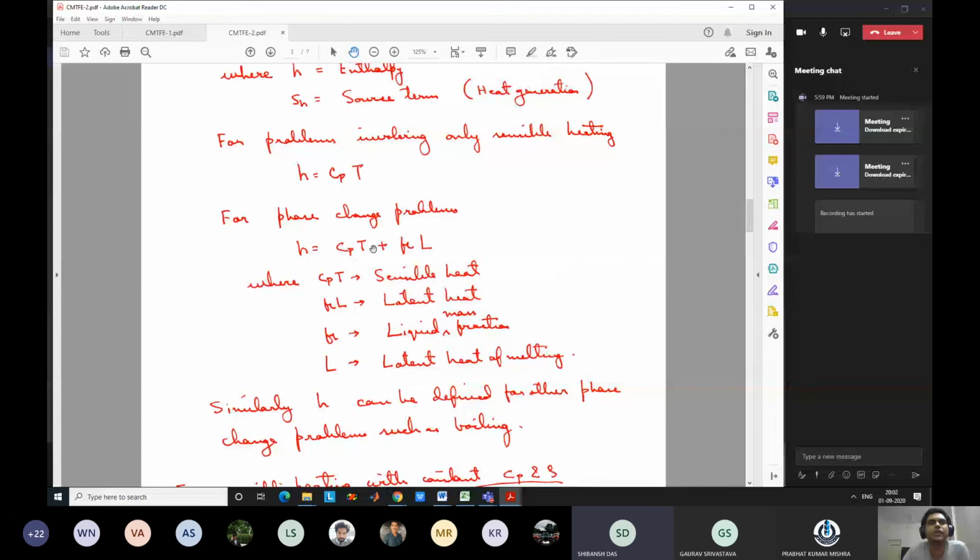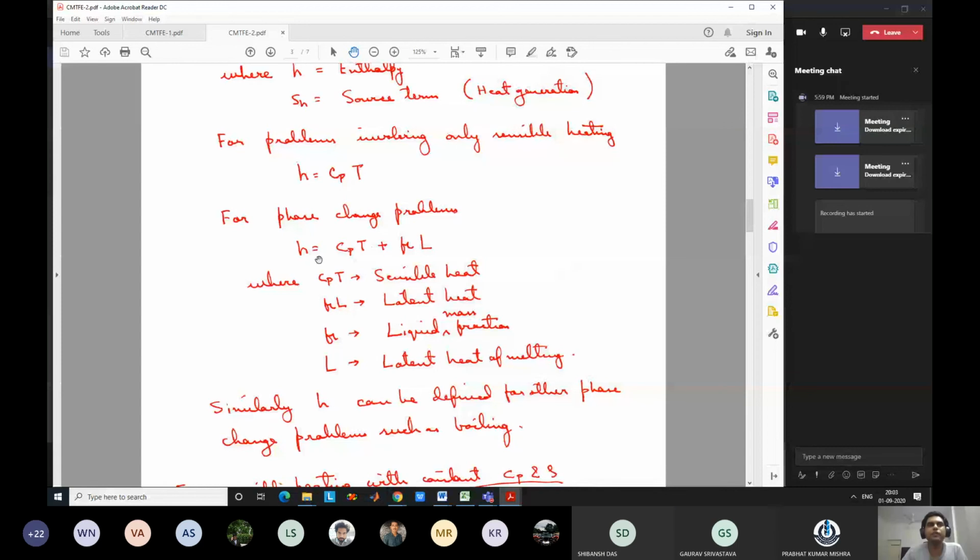Now instead of that, say you are not using absolute zero, you are writing H is equal to Cp (T minus T ref), where T reference is 100 Kelvin. I am just putting some arbitrary value. So what will be H2? H2 will be Cp (T2 minus 100).